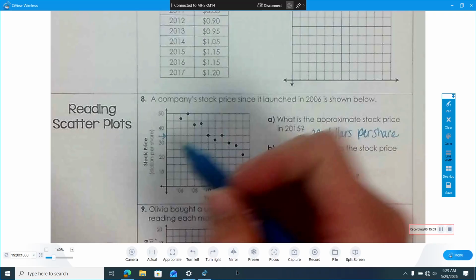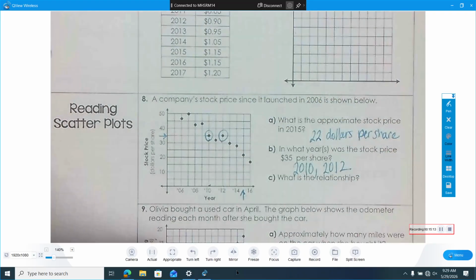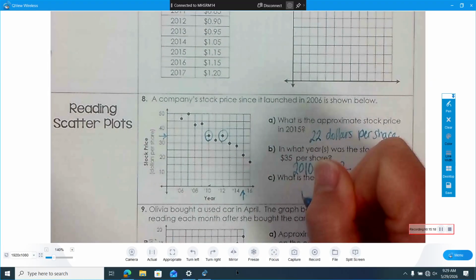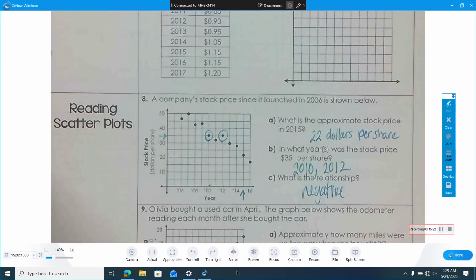That's just where we see the dots here and here, and then they fall on the year down here, so we can match those up. What's the relationship? Negative. Very good.